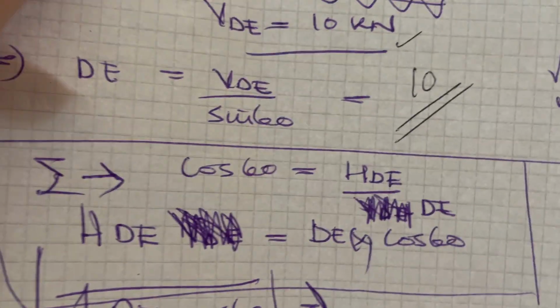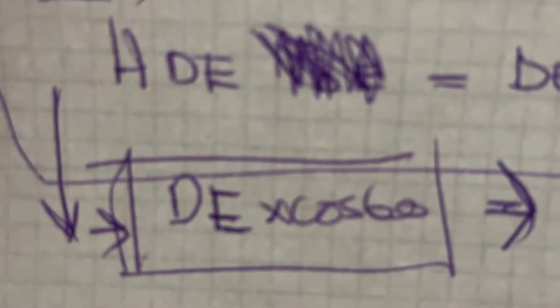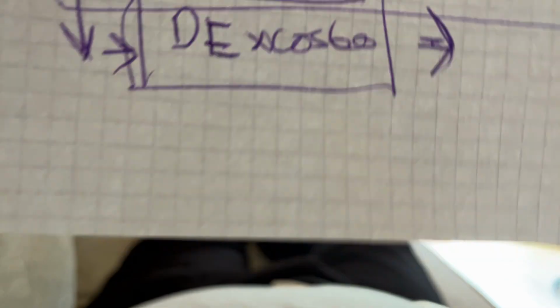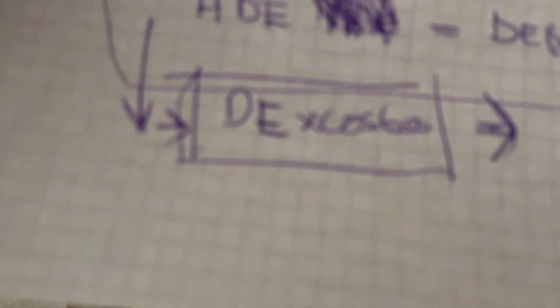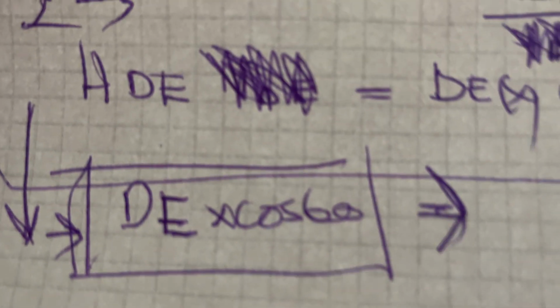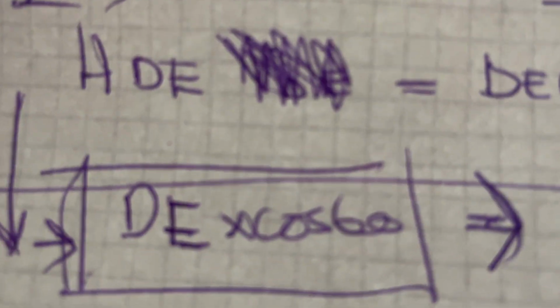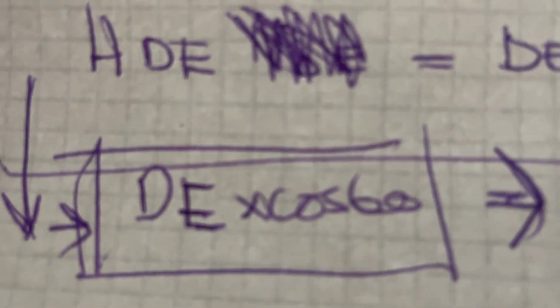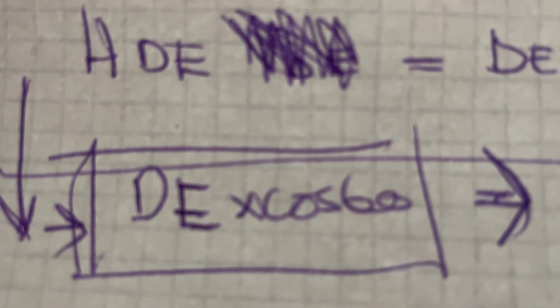I've got to about 10 minutes, so I'll finish this video here and carry on in the next video. HDE will equal CE. DE is in compression and CE is in tension.